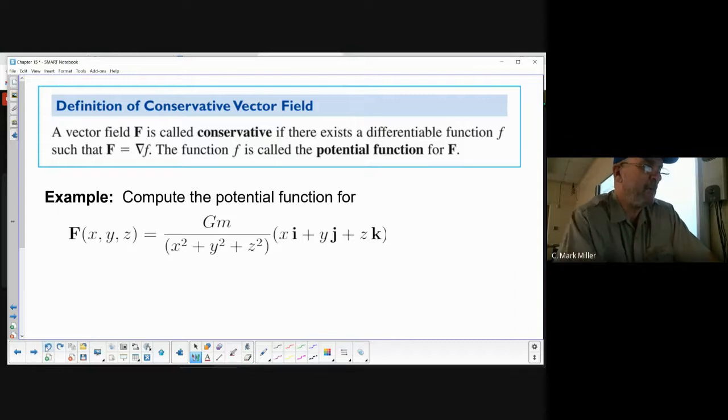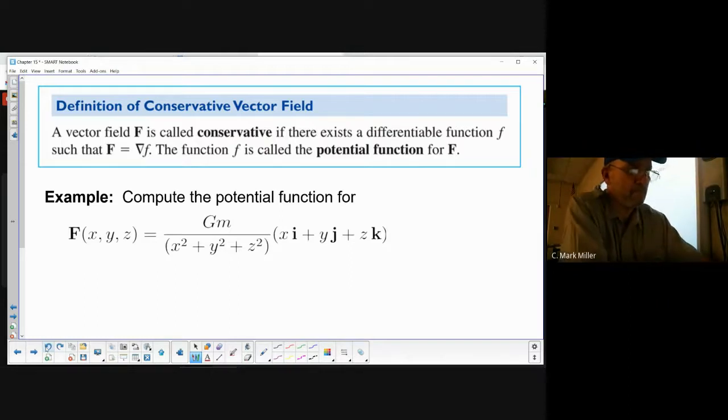Okay, compute the potential function for this thing you see. What's the potential function? Well, wait a minute.